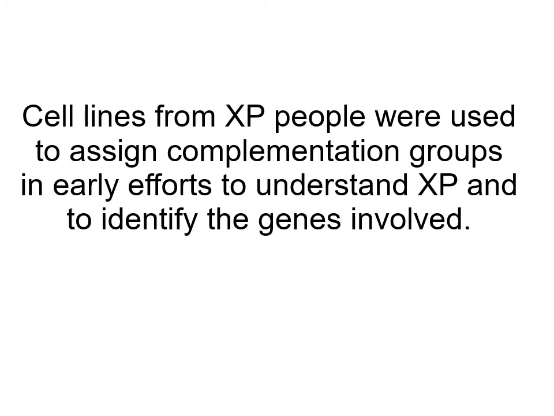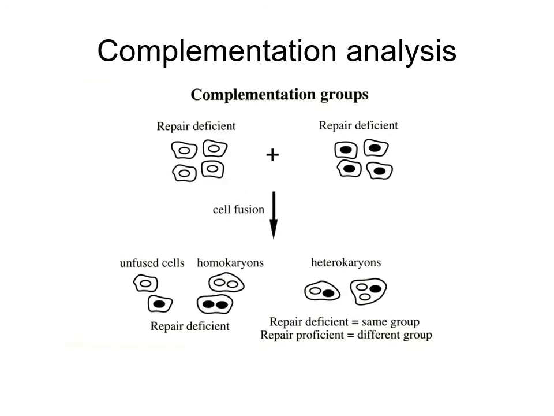So initially, these were done on a case-by-case basis, but now we have known cell lines that can be used to test people. So this is where it gets a little weird: to do complementation analysis with cells, you're not going to mate the cells. What you're going to do is fuse the cells and look at the properties of the fused cells to decide whether complementation has occurred or not.